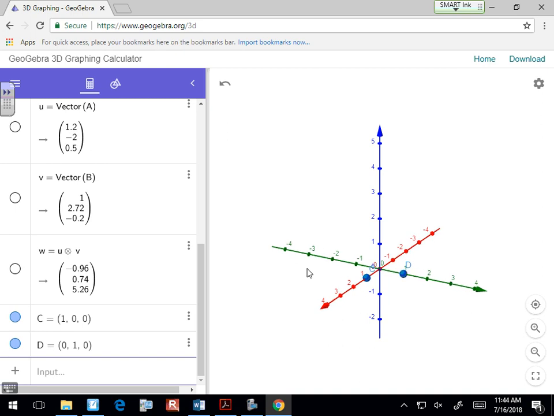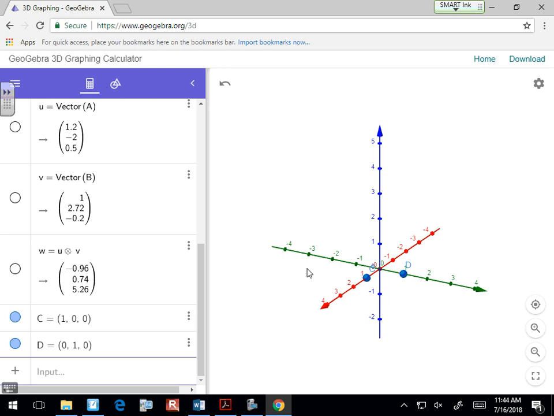I already know what's perpendicular to something that's horizontally organized. It's going to be something that's vertical, right? So for something living in the XY plane, its cross product would have to be in the direction of K. It's just a question of whether it's going up or down, right?